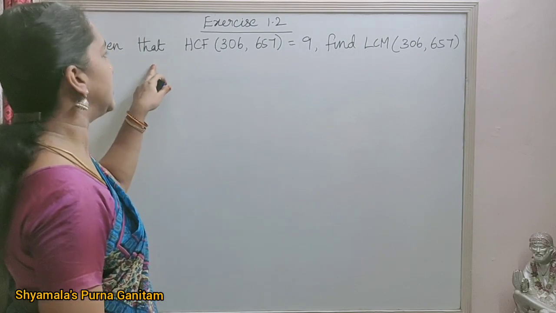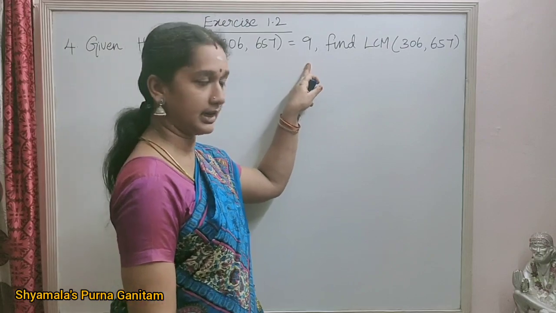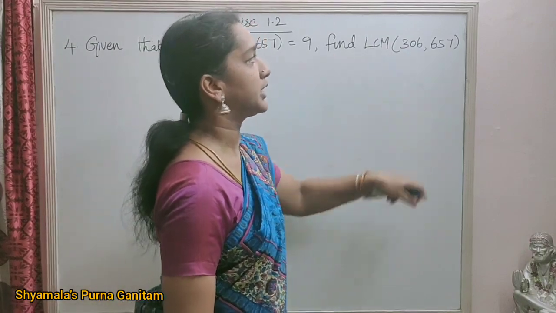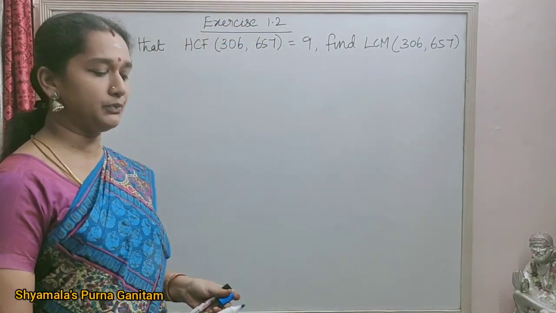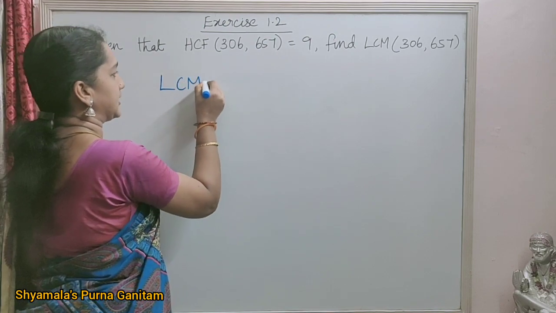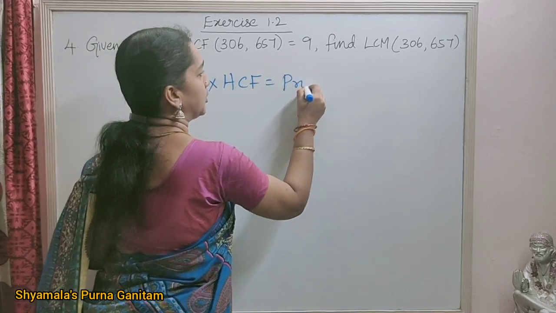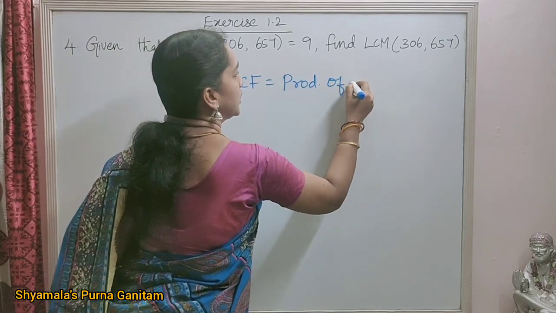Fourth sum is given that the HCF of 306 and 657 is 9. Find the LCM of 306 and 657. We know the result that LCM into HCF is equal to the product of the two numbers.